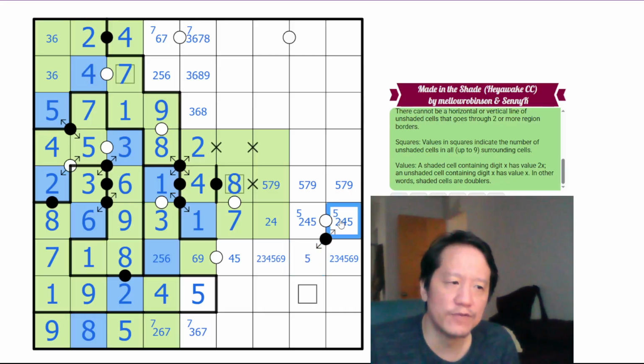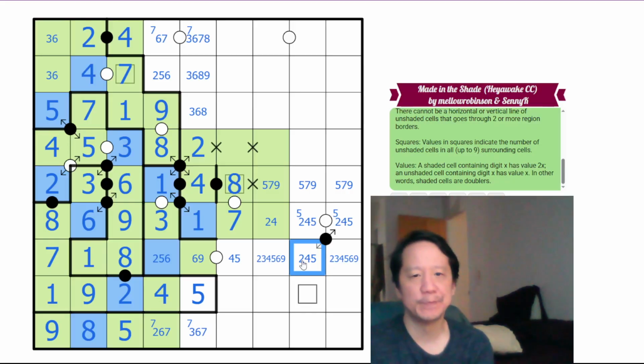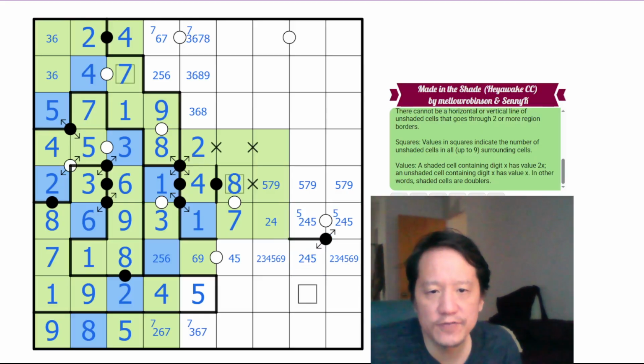If this is 4 in value, it could be 2 in value or 8 in value. So this could be 4 also. But we don't know. Right. These are the same regions, so this has to be a different region here. So this is definitely a border.